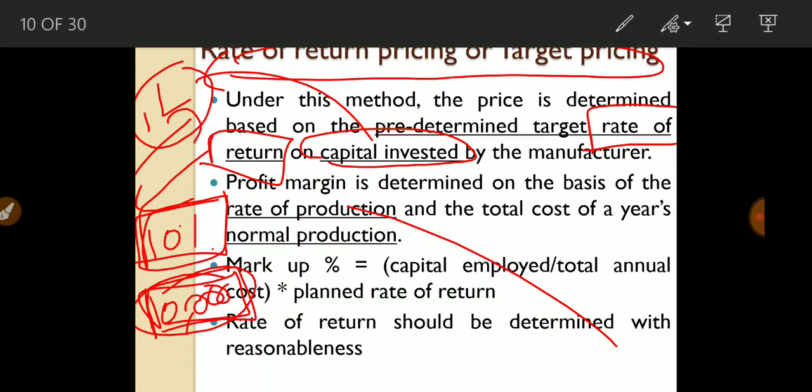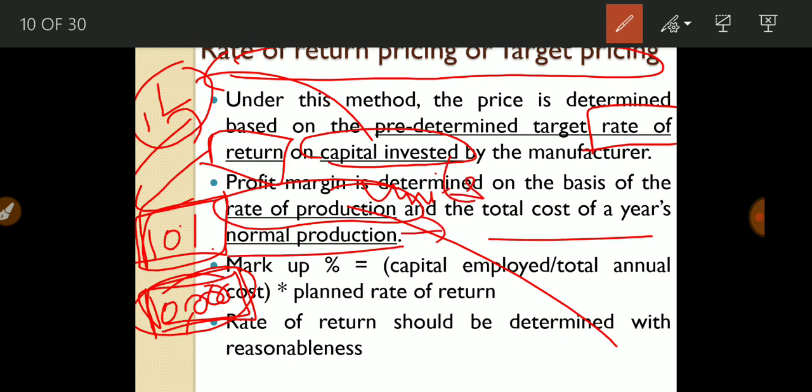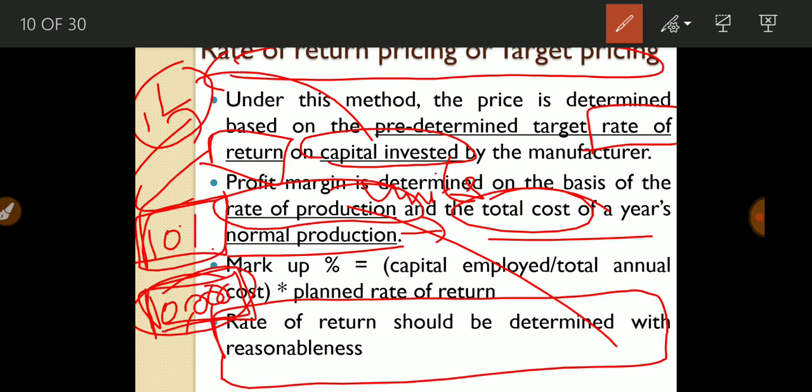Again, now you read this: profit margin is determined based on the rate of production. This is how many units I am going to produce during the year and what is my cost of production. For my cost of production, I could take the total cost or I could take the per unit cost. So capital employed divided by the annual cost is the planned rate of return. What is important is that when you're determining your rate of return, it should be a reasonable rate of return.